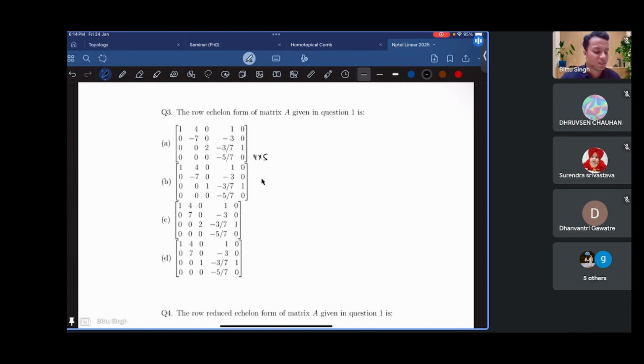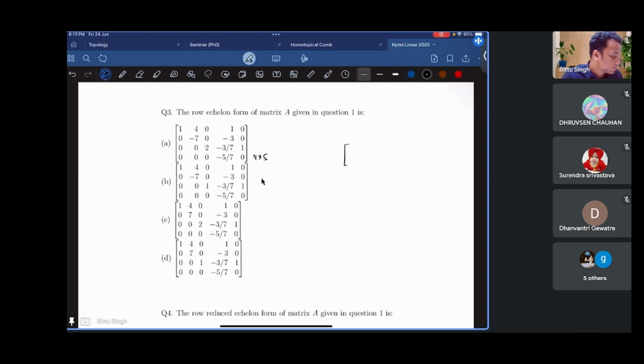So the best we can do is some row operations, and we reduce it into a form like this. Let us see all the possible 2 by 2 row echelon forms.